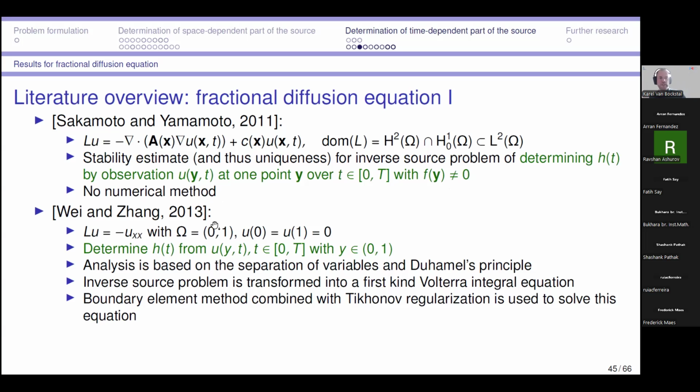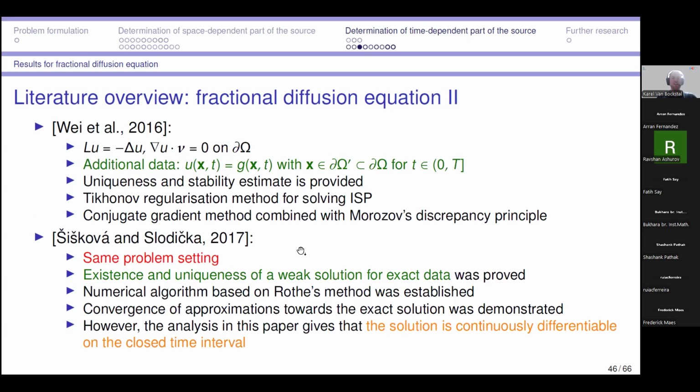Numerical methods were later studied in a paper by Wei and Zhang in 1D. Here the approach is also to transform the problem to a Volterra equation, and they applied the boundary element method in combination with Tikhonov regularization.